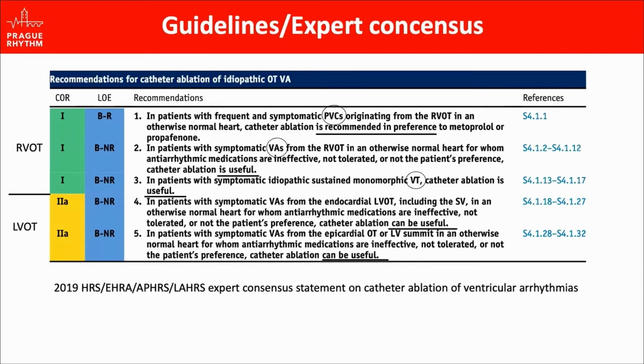Let's take a closer look at what guidelines say about catheter ablation of idiopathic outflow tract arrhythmias. We see that only in the case of PVCs originating from the RVOT, catheter ablation is recommended in preference to beta blocker or propafenone. And for all other sites, and also for the complex forms of arrhythmias, catheter ablation is or can be useful if antiarrhythmic therapy is ineffective, not tolerated, or not a patient's preference.